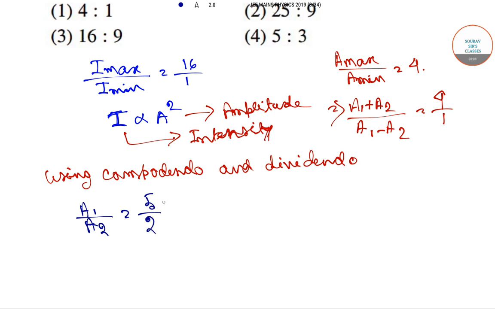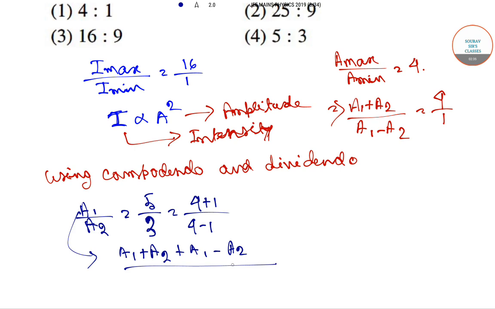This is 4 plus 1 divided by 4 minus 1. For this, A1 plus A2 plus A1 minus A2, divided by A1 plus A2 minus (A1 minus A2), is equal to 4 plus 1 divided by 4 minus 1.